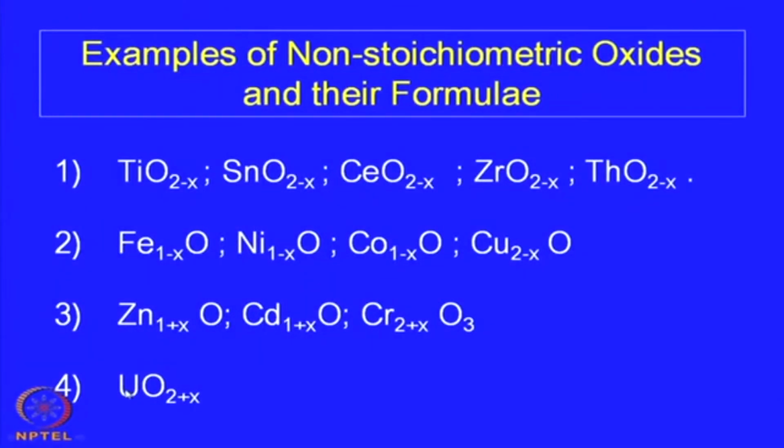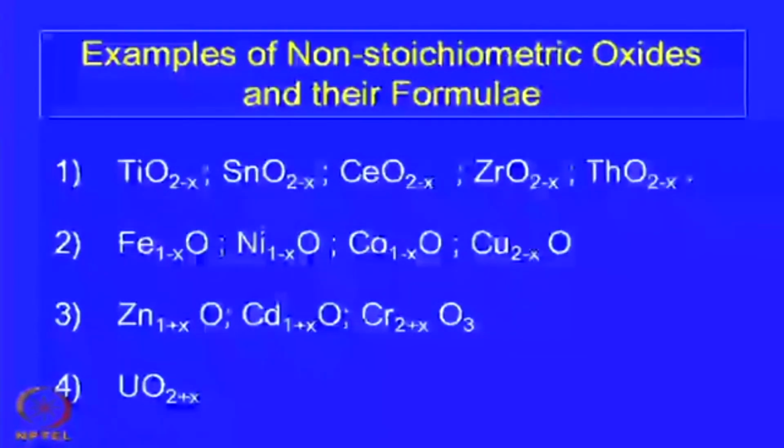And the last group has only one compound, UO2 plus x, which is uranium dioxide, and it has oxygen interstitials. As I mentioned a few minutes back, having oxygen interstitials in any oxide structure is very difficult, because metal ions are much smaller.